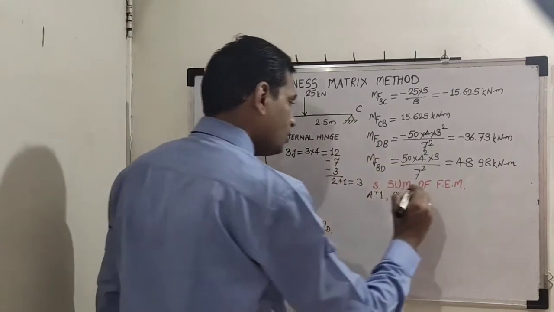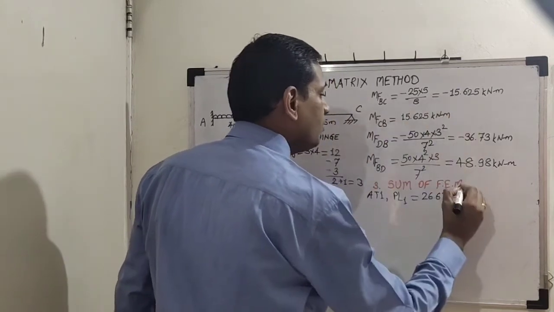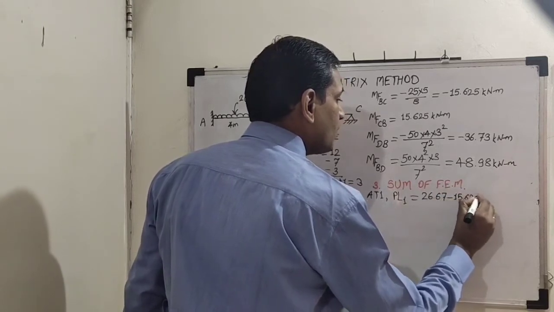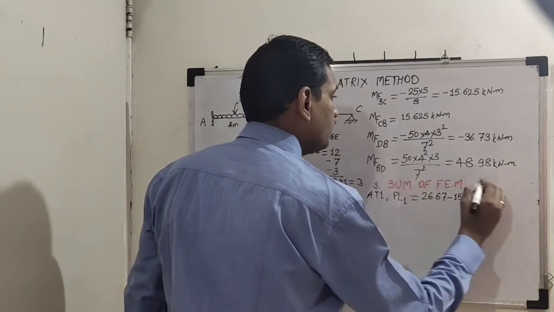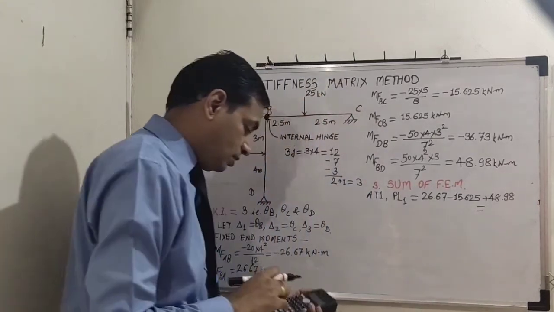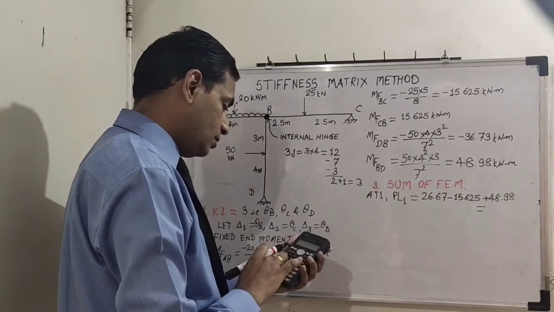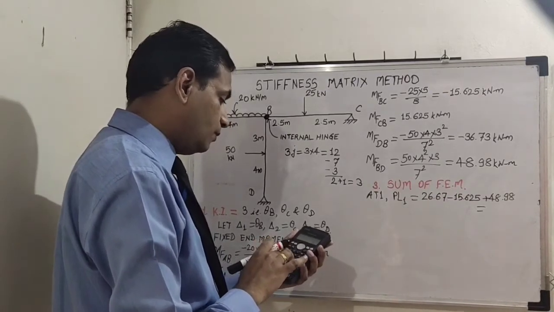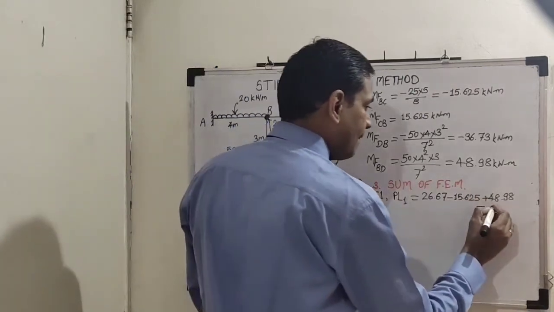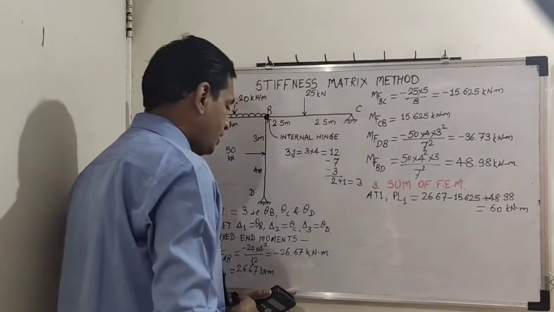So BA is 26.67 plus BC minus 15.625 and last is BD plus 48.98. So see how much this is: 26.67 minus 15.625 plus 48.98. So it is 60 kilonewton meter.